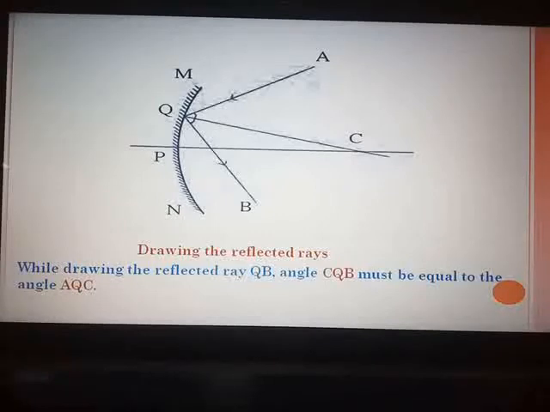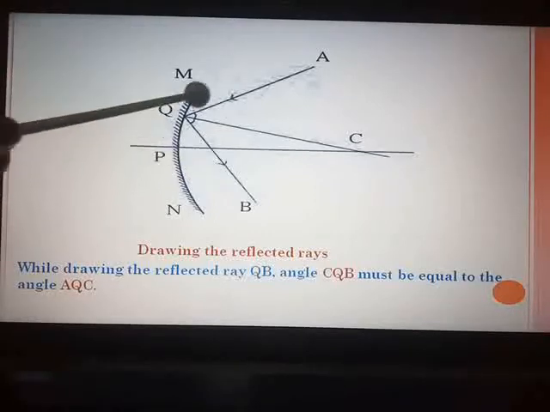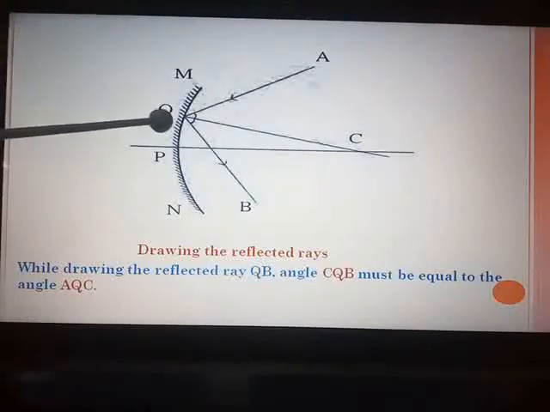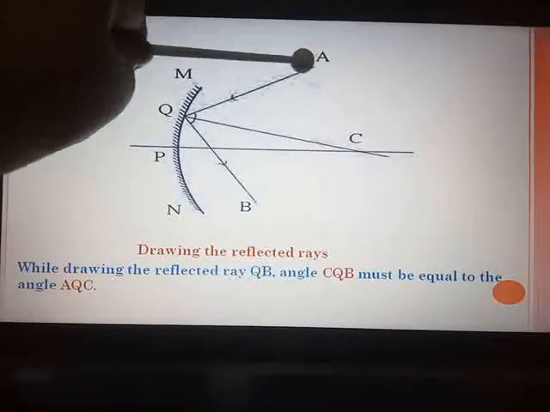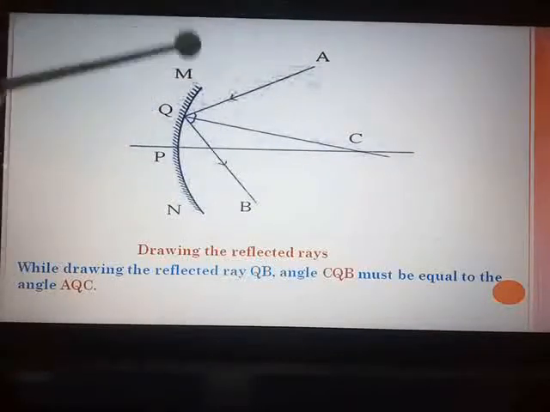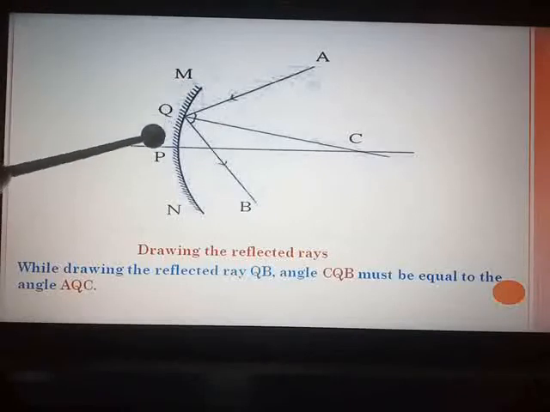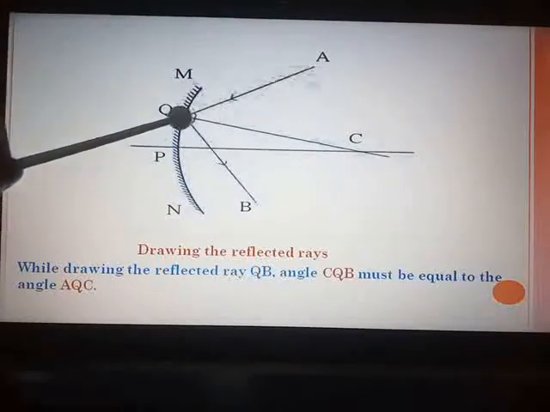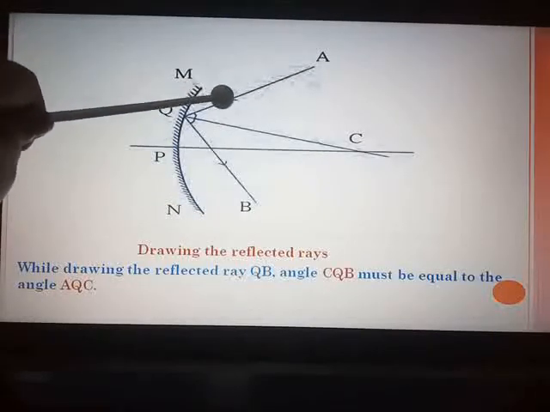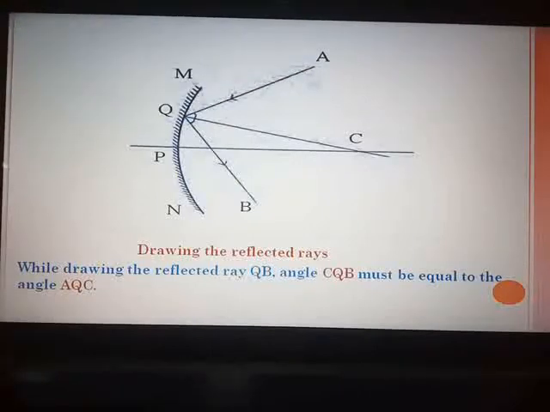In the given figure, MN is a spherical mirror, and ray AQ is incident on it. Incident means it is falling on this mirror, so it is called the incident ray. You can see the arrow here, meaning it is falling on the mirror.